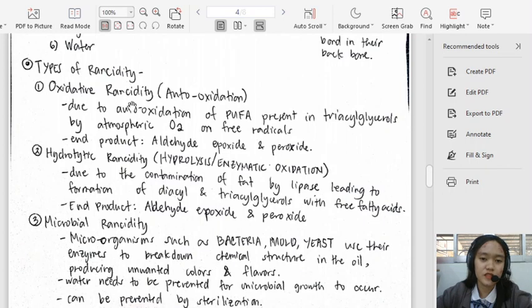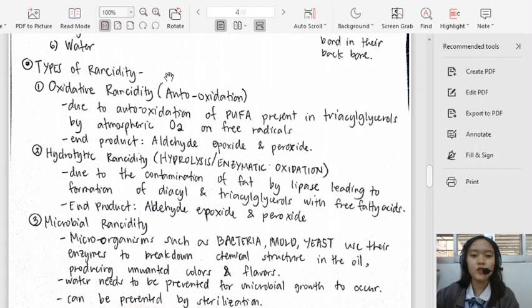You have three types of rancidity. You have oxidative rancidity, which you also call auto-oxidation. This involves the use of additional oxygen. It is due to the auto-oxidation of PUFA, or polyunsaturated fatty acids, present in triglycerols by atmospheric oxygen on free radicals.